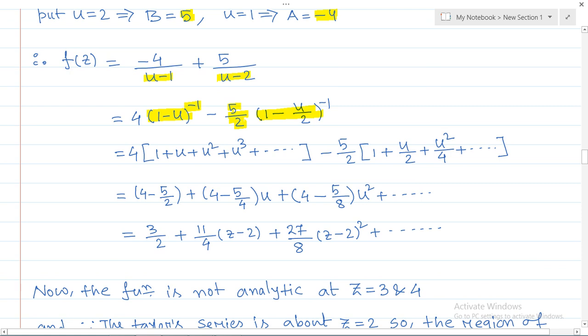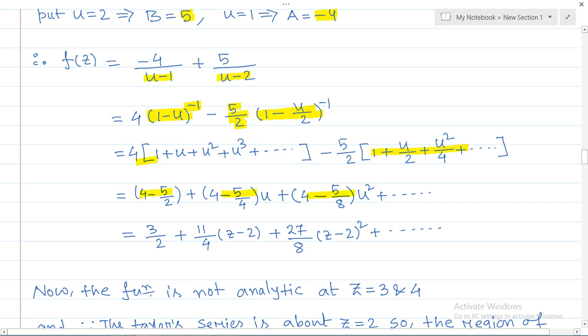So 1 plus u, u square, u cube, and so on. Similarly, minus 5 by 2 times 1 plus u by 2, u by 2 whole square, u by 2 whole cube, and so on. Now just open the bracket and collect the coefficients, that is 4 minus 5 by 2, 4 minus 5 by 4, like this I have collected and simplified.